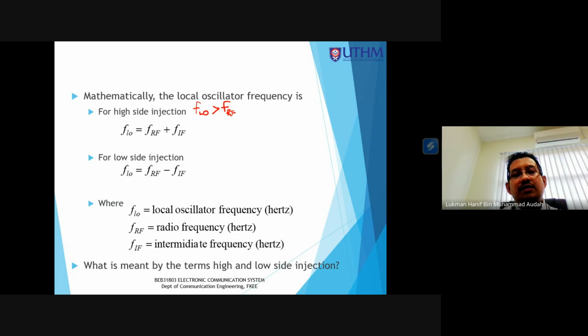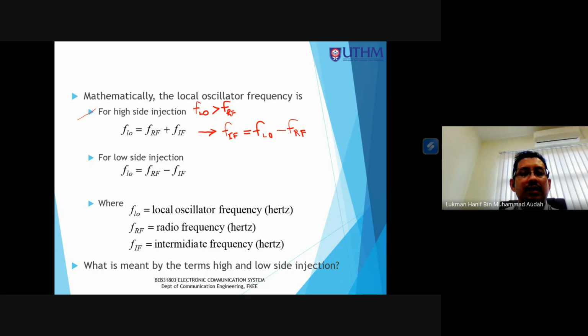Therefore, we can calculate the intermediate frequency equal to F local oscillator minus the radio frequency input.